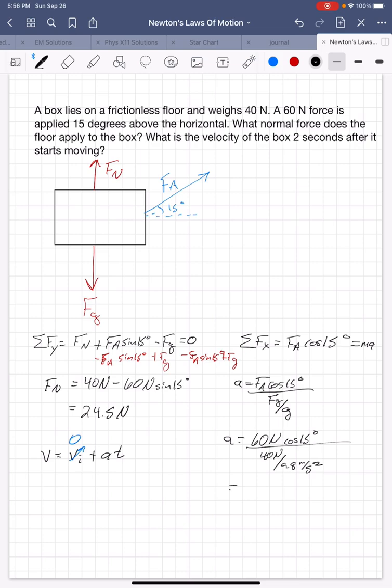And that gives me 14.2 meters per second squared. Now the velocity is just going to be 14.2 meters per second squared times 2 seconds, which is 28.4 meters per second. And that would be how I would solve this problem.